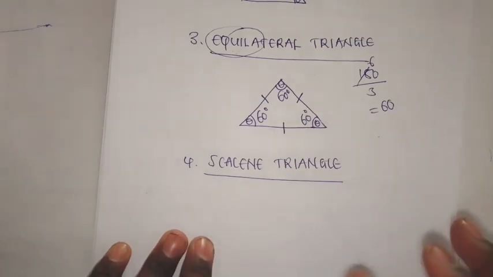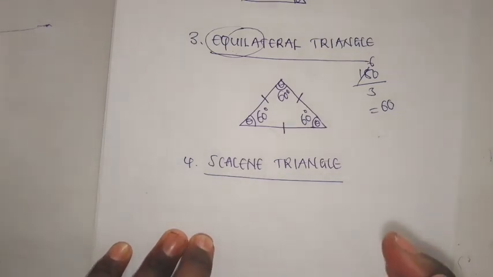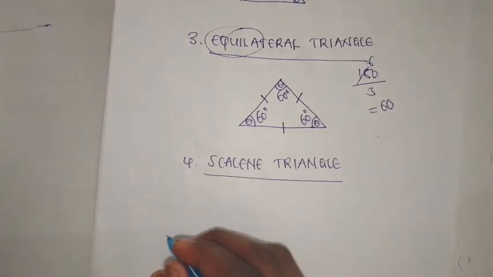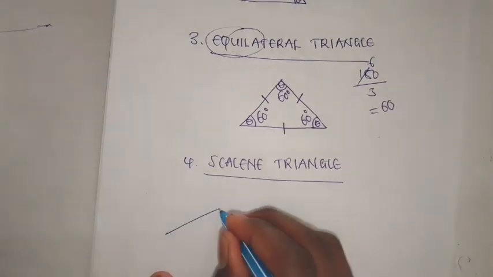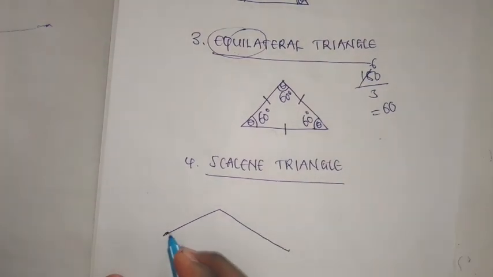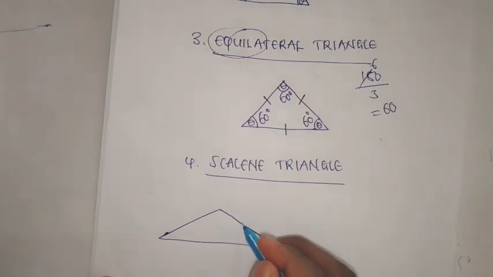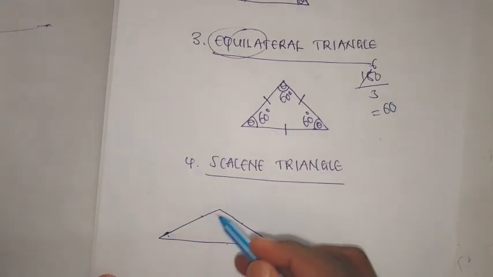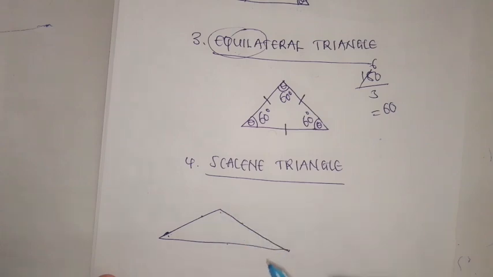Everything is totally different from each other. Sometimes it may look like this. This is different from this, this is also different from this, and this angle is different from this one and also different from this one.